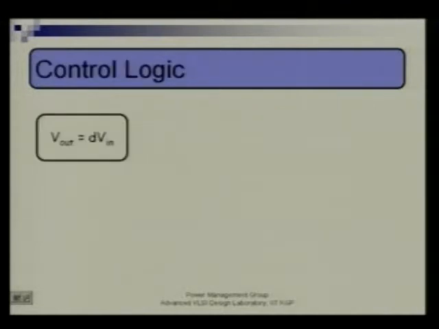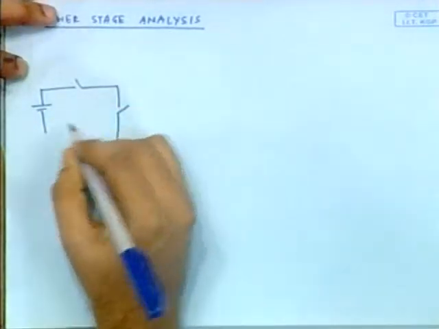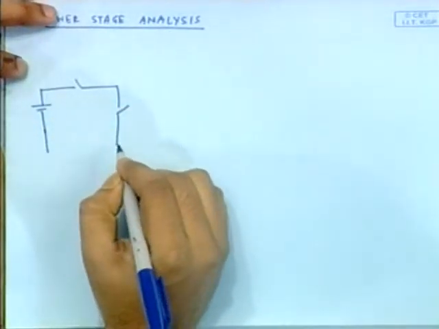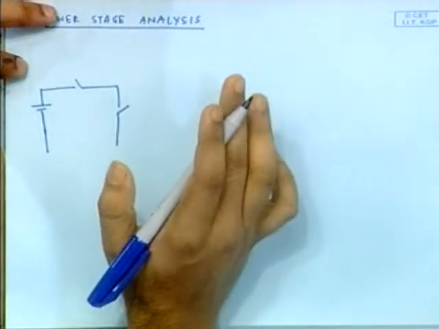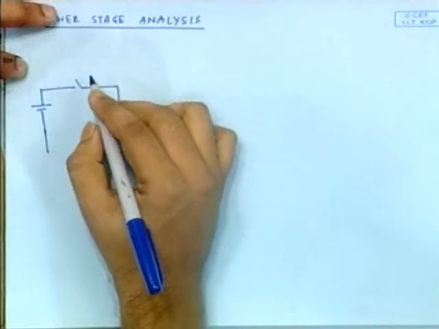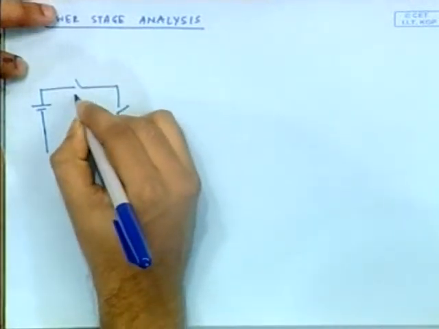Well, before we go to control logic, I will just show you how to derive where this D V in kind of expression comes from. Let's say this is my power circuit, these are the two switches, as has already been shown, operating in complementary mode. When this one is on, I'll indicate one by this.